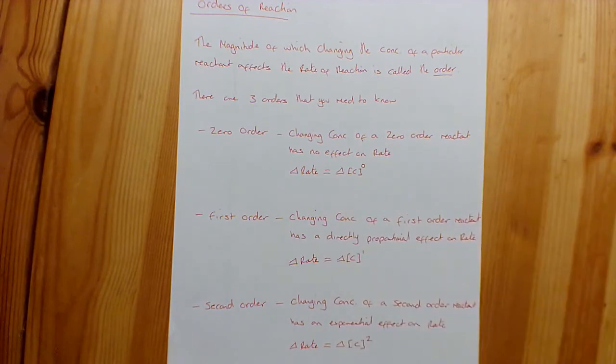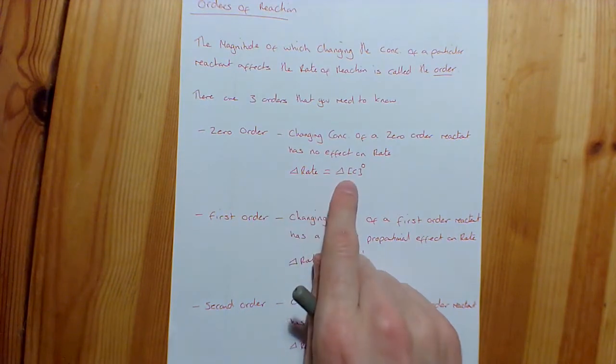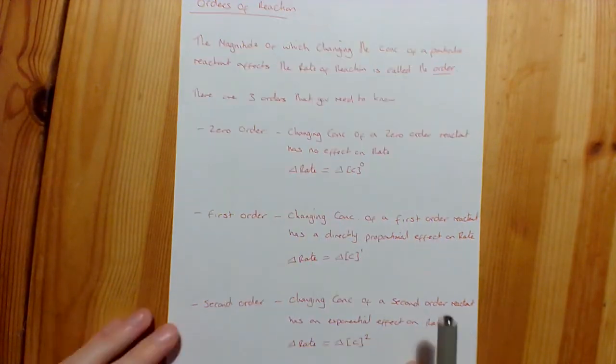Anything to the power 0 is 1. So the change in rate is equal to 1, so it doesn't change. So zero order reactants are reactants that when you change their concentration, there is no effect on the rate. And that is because the change in rate is proportional to the change in concentration to the power 0.